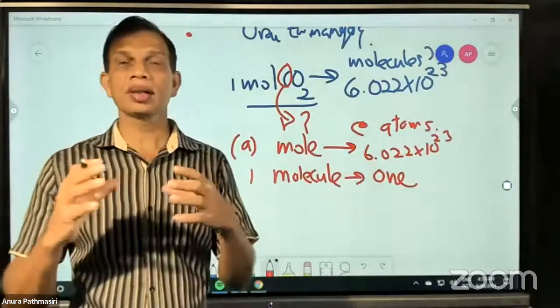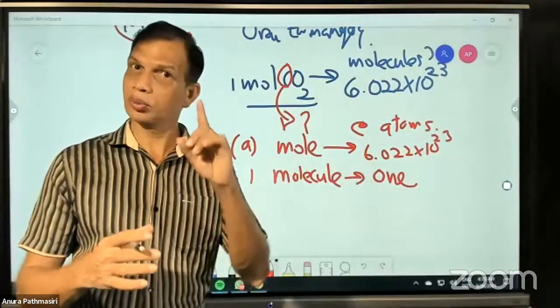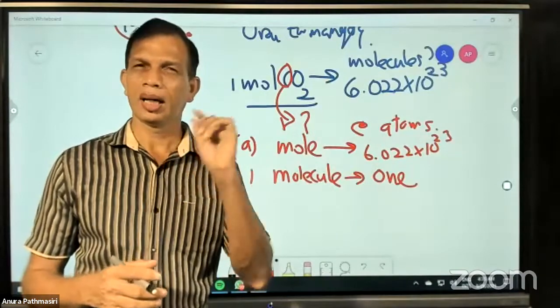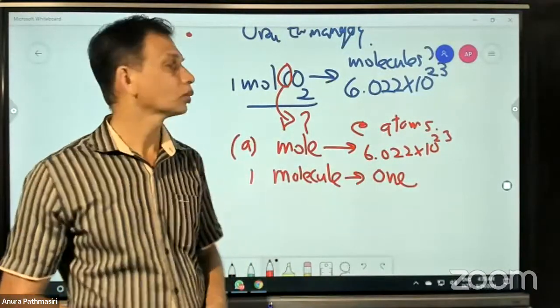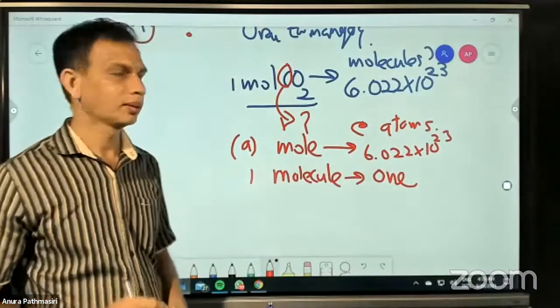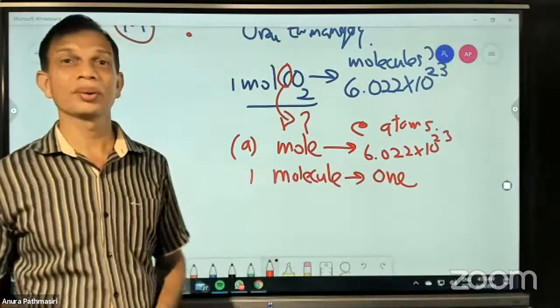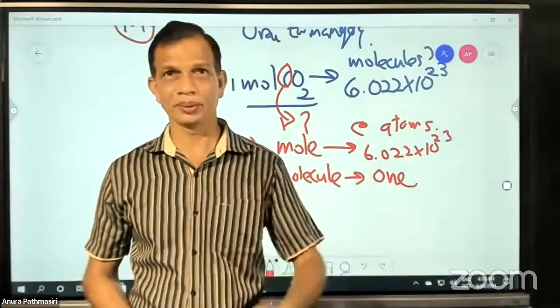And in 1 molecule of carbon dioxide, how many carbon atoms are there? One.